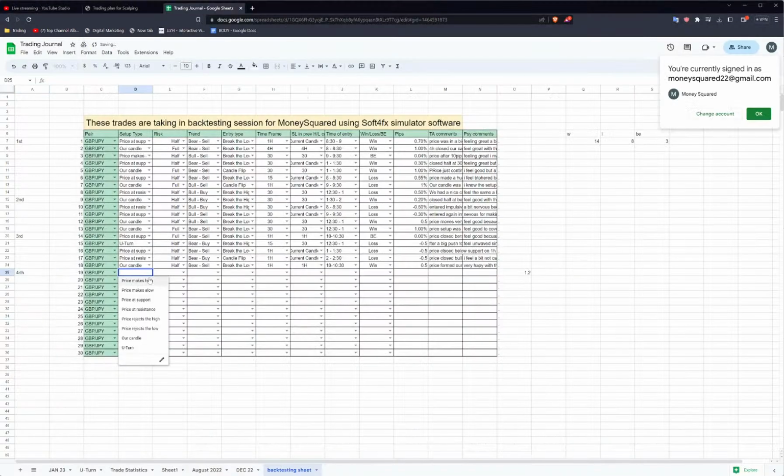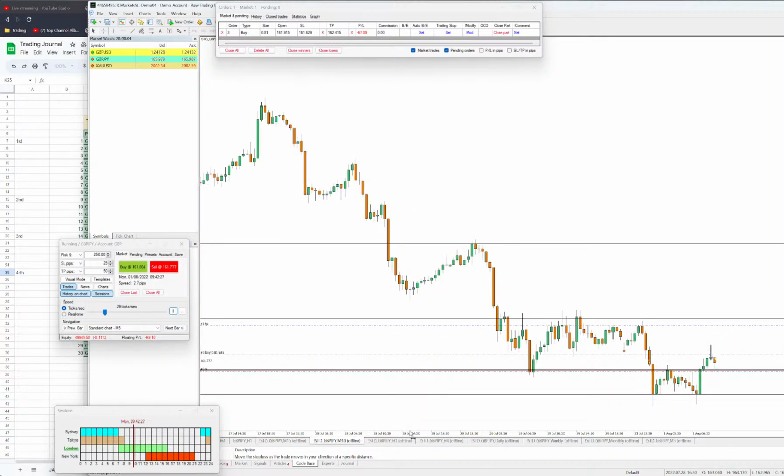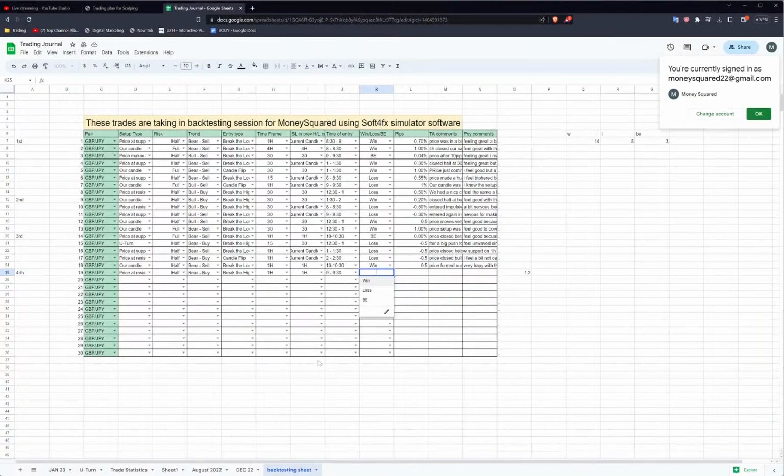So let's go ahead and price at resistance, half risk, bear buy, break of the high. I think this was on the 1 hour candle, previous 1 hour. This is 9. Let's see. So it was based on this candle. Very strong.